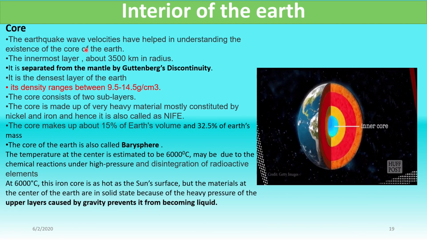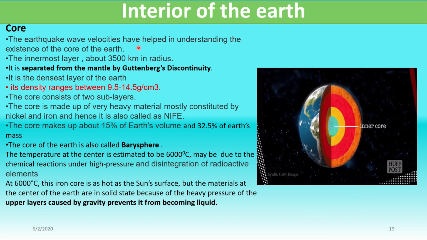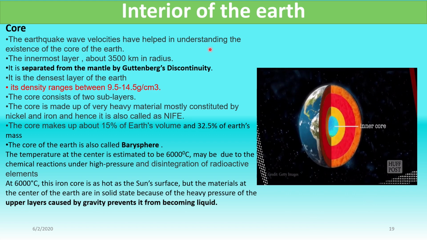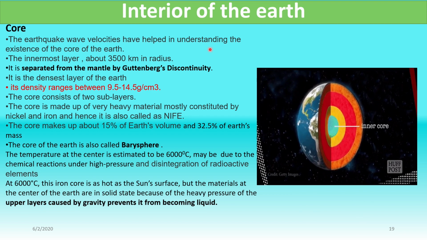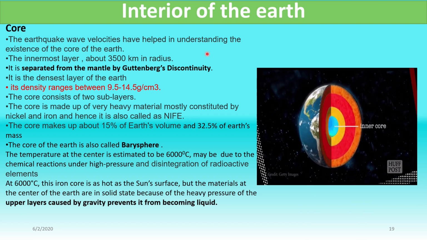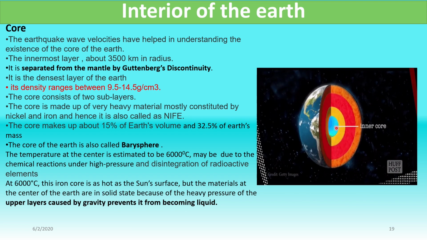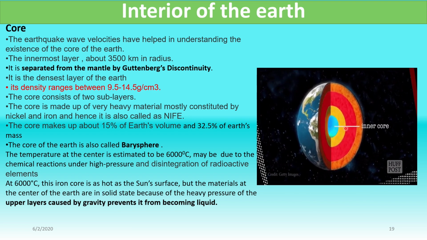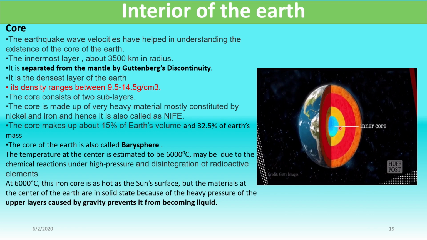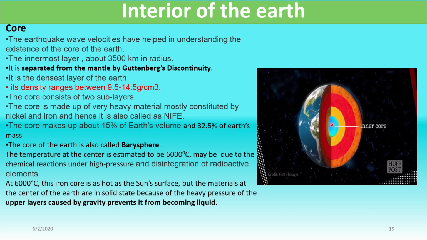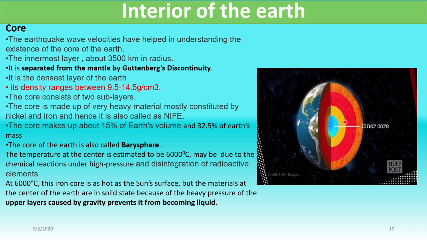Core. The earthquake wave velocities have helped in understanding the existence of the core of the Earth. The innermost layer, about 3500 km in radius, that is outer core and inner core together, is separated from the mantle by the Gutenberg discontinuity.